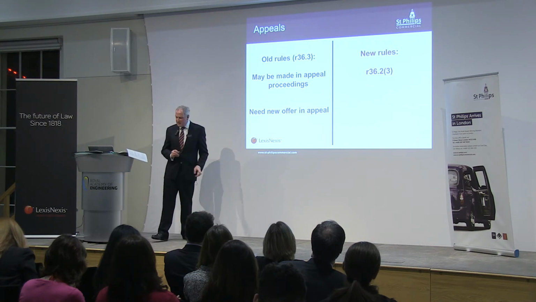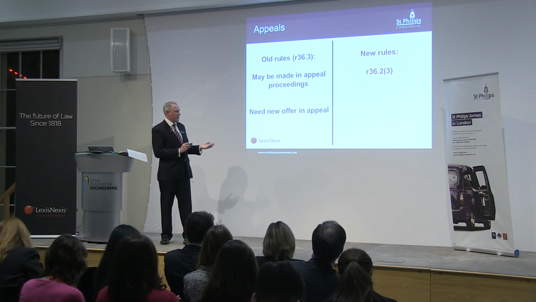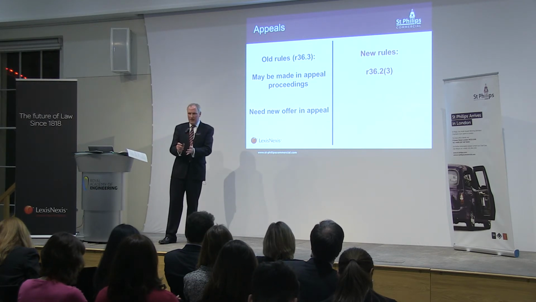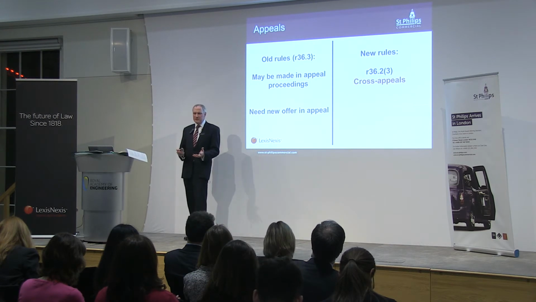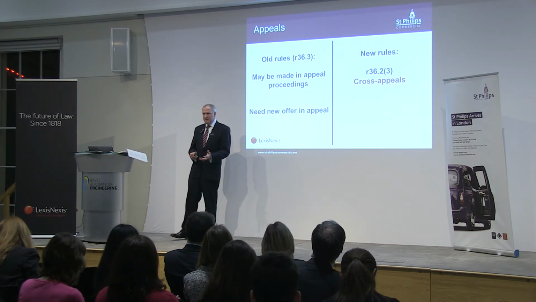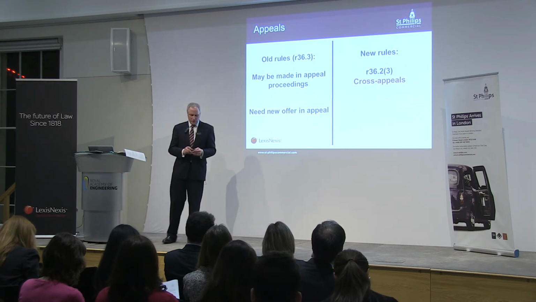First thing we've done is, in our Rule 36.2.3 that we've been looking at, we've clarified that appeals apply, but we've added cross appeals. The logic of that is obviously the F&C point. If you can make an offer on a counterclaim, you ought to be able to on your cross appeal.